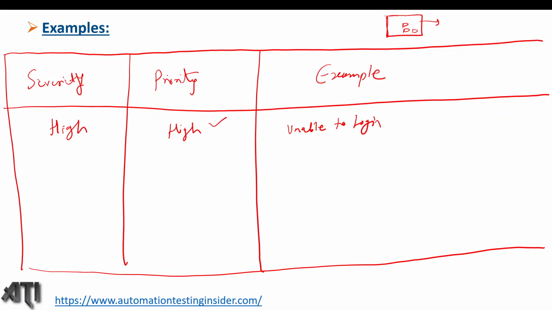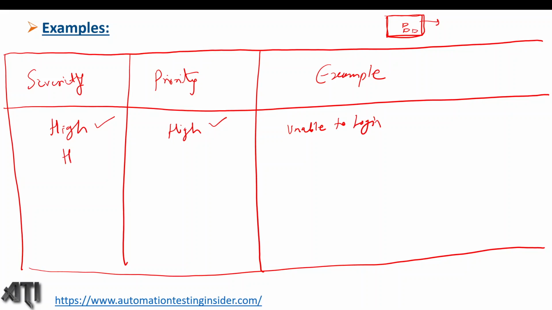Because the importance of the defect is very high, correct? This has to be fixed because this is a kind of blocker issue, we cannot move further. That's the reason we have assigned it high priority. And for high severity, the impact is more, correct? The impact is a lot because we are not able to log in to the application, so we cannot test further. So this is an example of high severity and high priority.